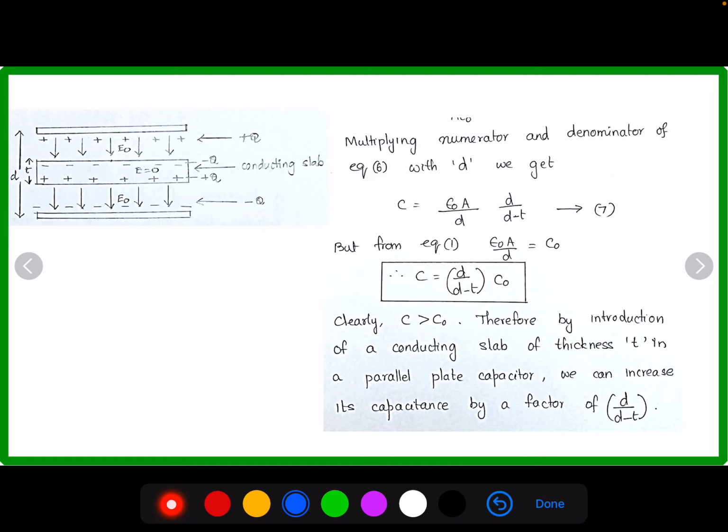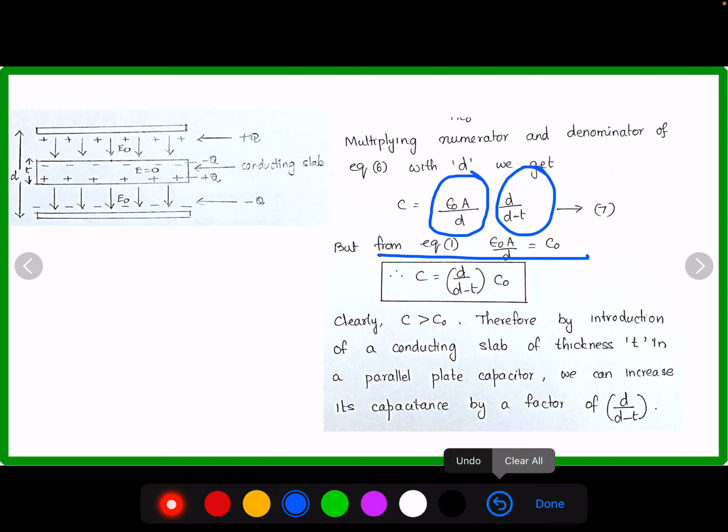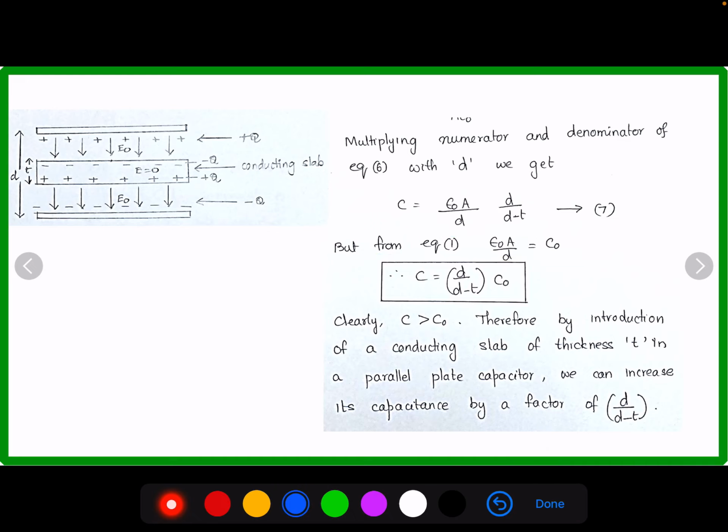Then next what we will do, we will multiply numerator and denominator of equation 6 with D. That's what we are doing here, multiplying and dividing with D. Then you will get this equation 7, epsilon naught A by D into D by D minus T. Epsilon naught A by D from equation 1 is nothing but C naught, that is capacitance of a parallel plate capacitor with vacuum in between the plates.